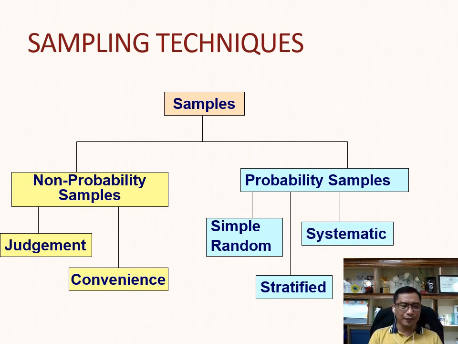Now, what would be the main differences between the two? For non-probability, not everyone in the total population has an equal chance to be selected as respondents. Whereas for probability, it's otherwise. In probability sampling, all members of a particular population are given an equal chance to be selected to form part of the respondents of your study.